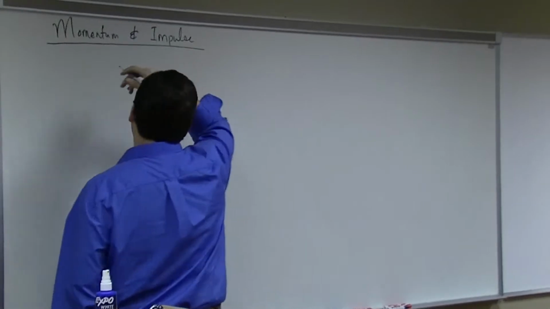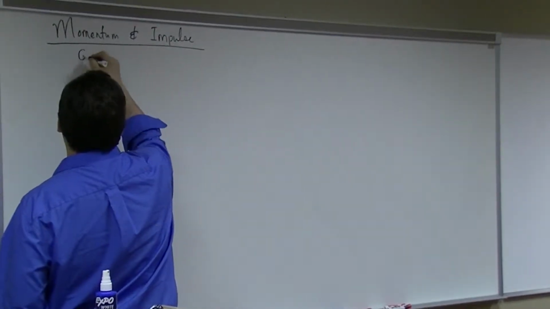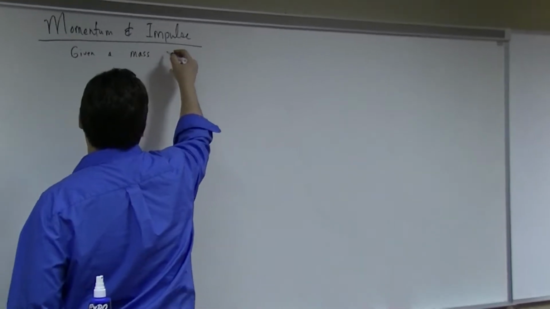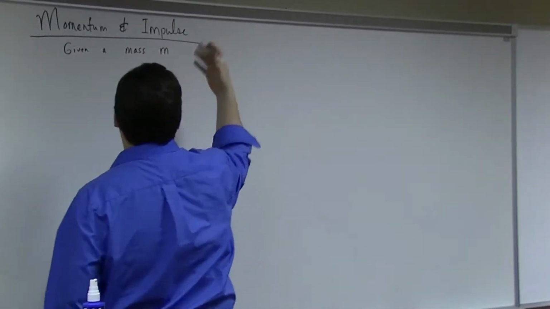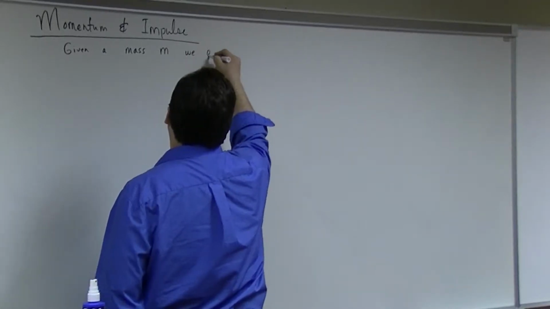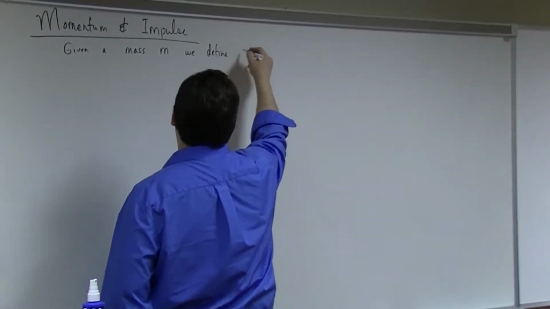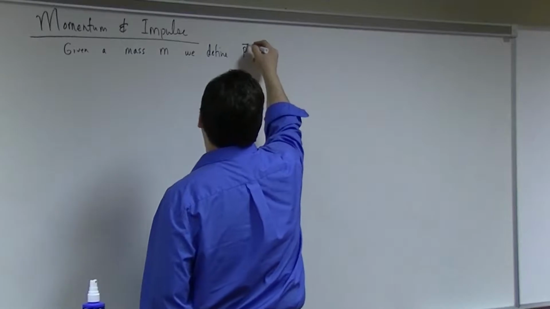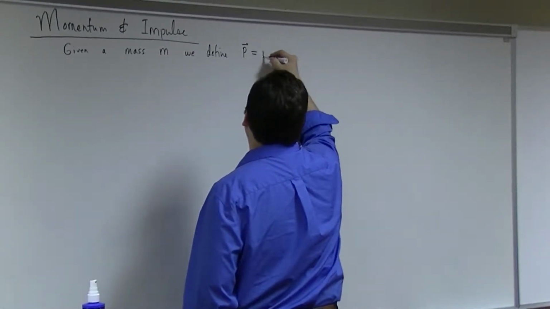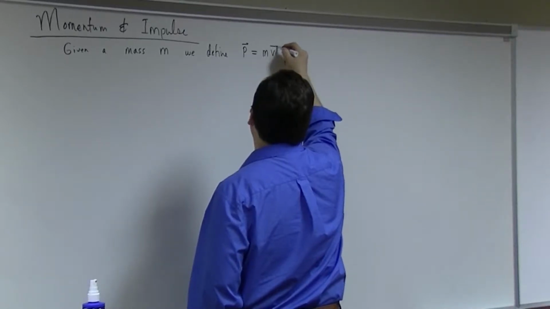All right, so momentum. If you're given a particle with mass m, we define the so-called linear momentum. It's a vector, all right? And it's equal to mass times the velocity.